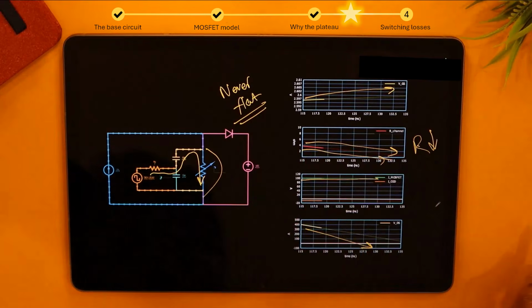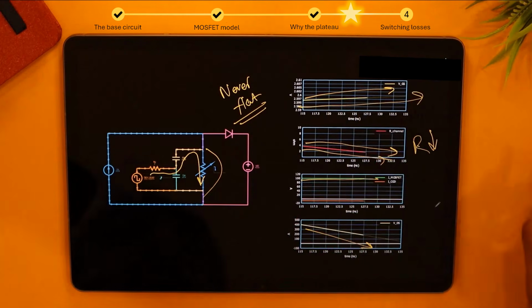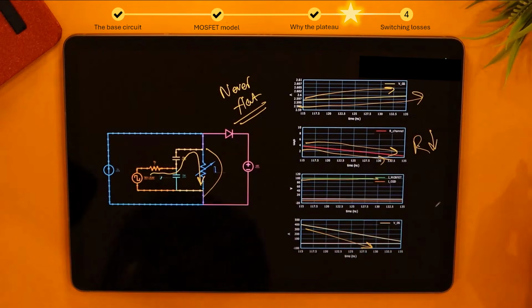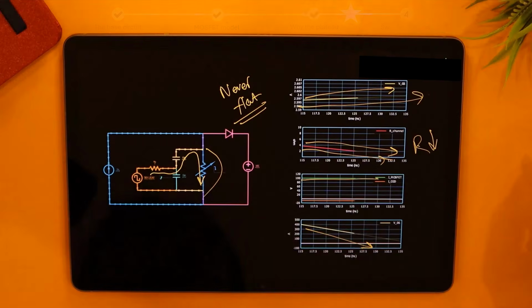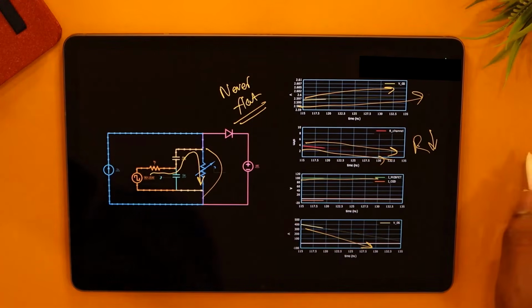So if resistance has to fall slowly, VGS has to increase slowly as well. It cannot be flat. That's the important thing. So any MOSFET waveforms you see, and you see a flat plateau illustrated in the textbook or somewhere else, just know that it will never be flat. You just have to zoom in enough and the plateau can never be flat. That's the amazing thing about it.